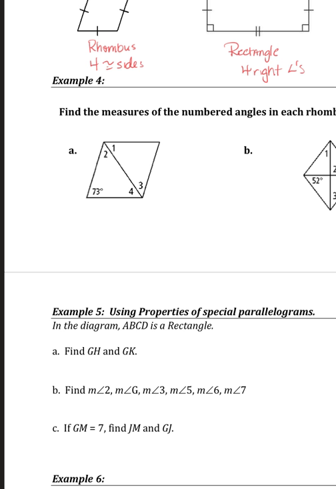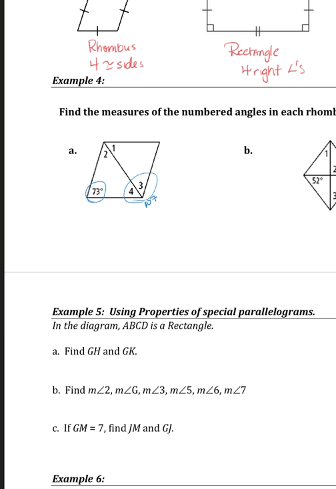We know that these are rhombuses, so we're going to use those properties to our advantage. On a rhombus, we know that consecutive angles are supplementary, so these angles have to add up to 180. So 180 minus 73 tells me that this angle right here is 107.